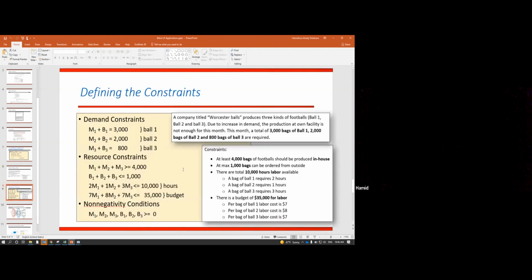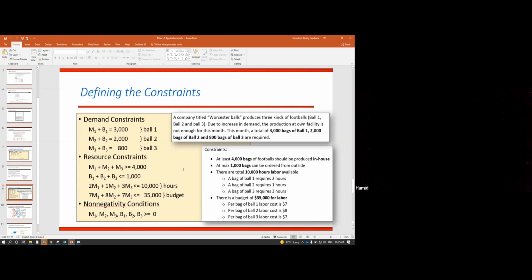So if you remember that session, it was how we formulated. We had a demand constraint, how much of each type of ball is needed. For example, for ball 1, M stands for make, B stands for buy.